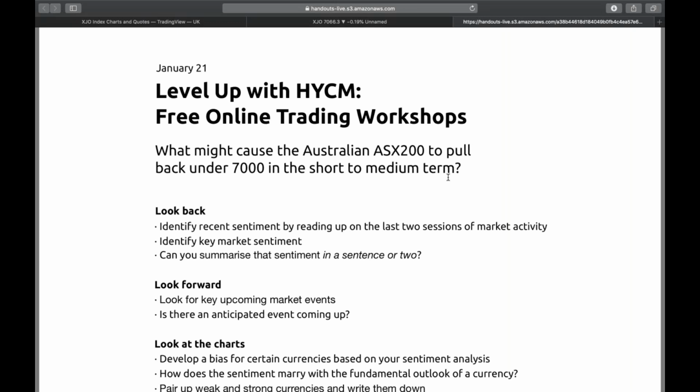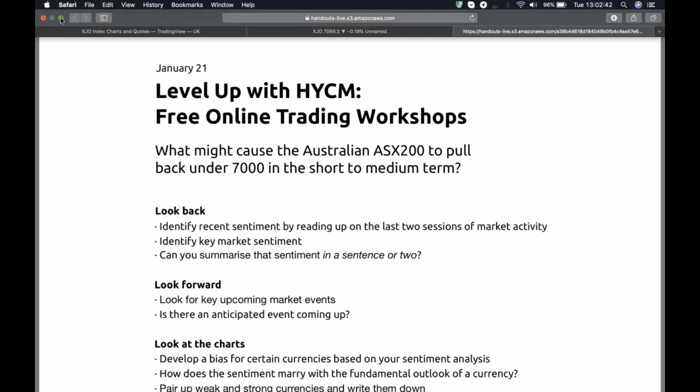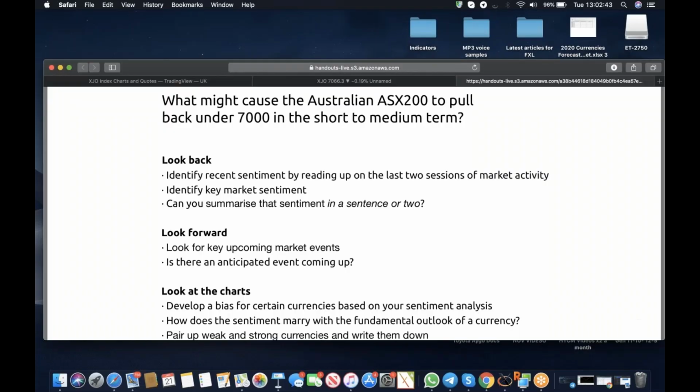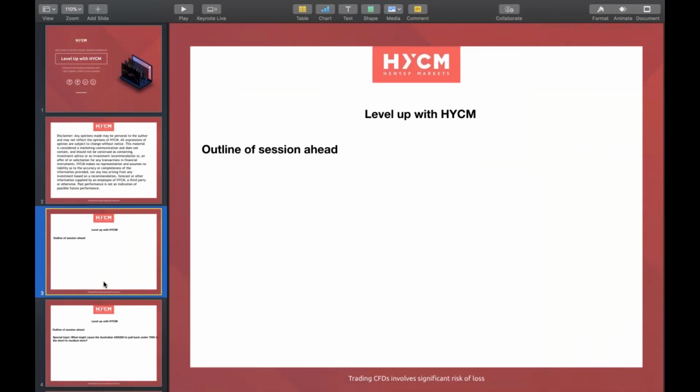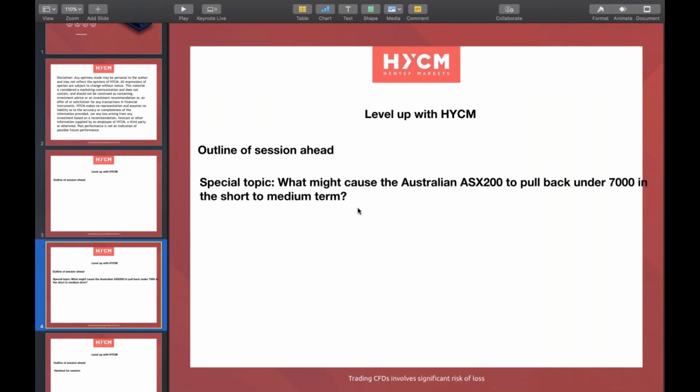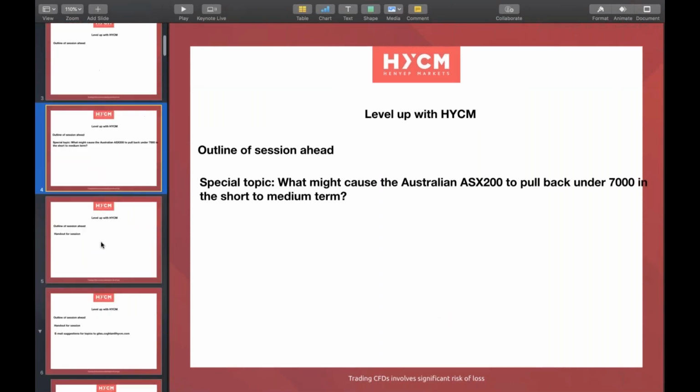I just want to look at some factors that have been influencing that bull market and looking at potential for that to move back under 7,000 in the short to medium term. That's an index that I've got a careful eye on. So I want to cover that with you guys as well during this session. So that's the special topic. We'll deal with that today.